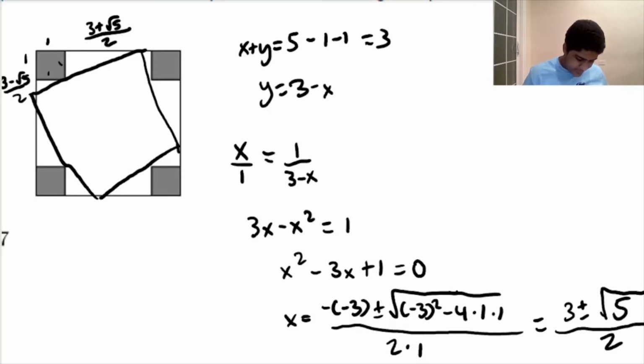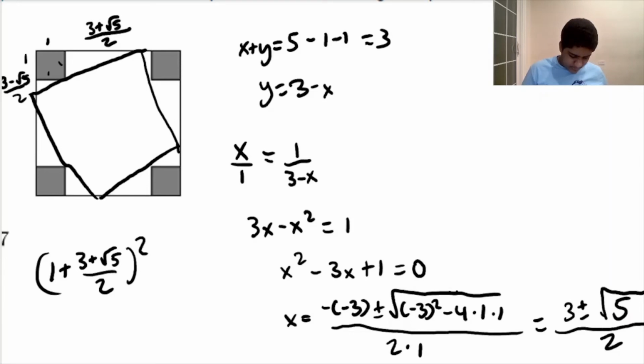And the Pythagorean theorem states that the sum of the squares of the legs in this case are going to be 1 plus 3 plus root 5 over 2, plus 1 plus 3 minus root 5 over 2, squared. That's going to be the area of the square.